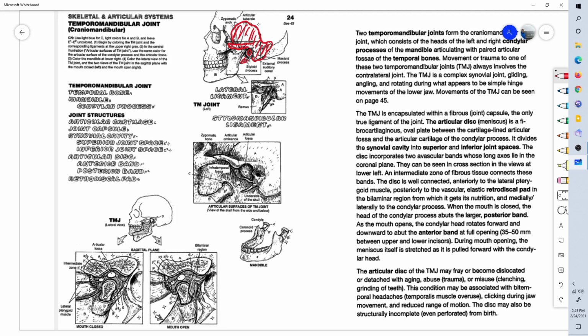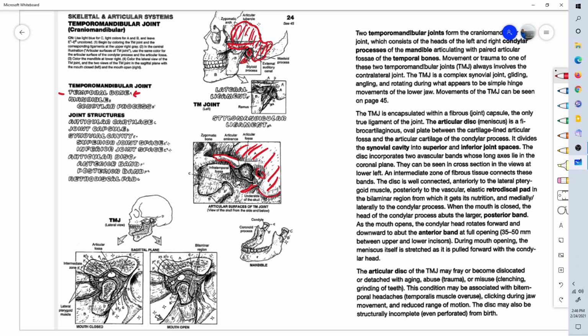Here we have it again. Temporal bone, styloid process, the external auditory meatus, the zygomatic process, and that's the temporal bone.